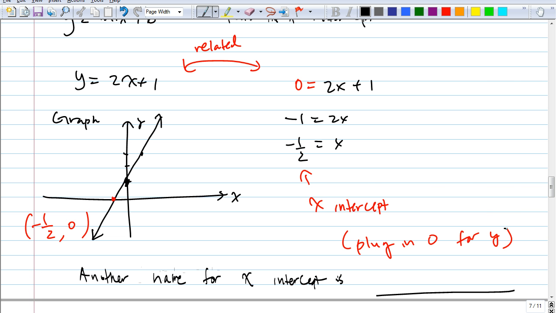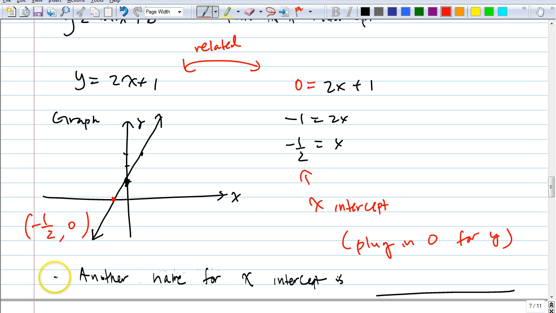Before I move on, there's another name for x-intercept. Anybody know another name for x-intercept? Yeah, we use letter B for the y-intercept. We use letter A for the x-intercept. But what I'm looking for is, think about this x-axis as like a ground.